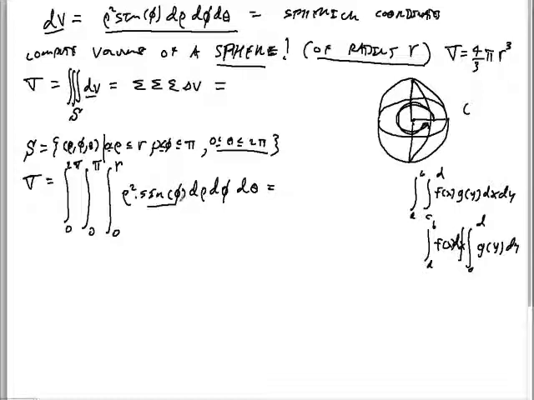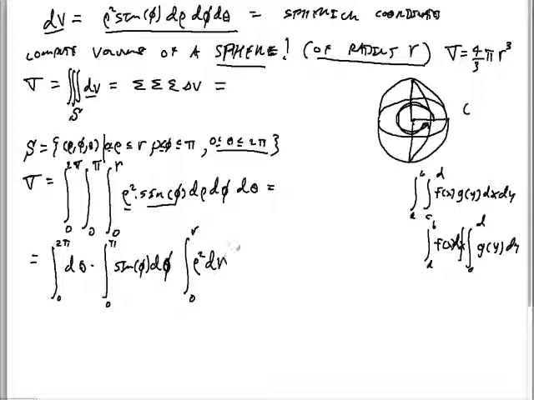There's a product of something only in terms of phi and something only of rho, and there's actually no theta. So we can do that here, 0 to 2 pi, and we can put d theta there. And then we can do the same thing, a product here, 0 to pi of sine phi d phi, and then finally 0 to r of rho squared d rho, right? So that again just makes a product of three one-dimensional integrals, which is really nice.